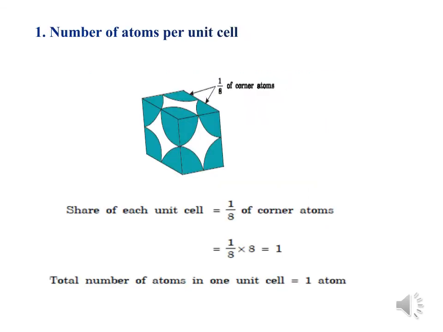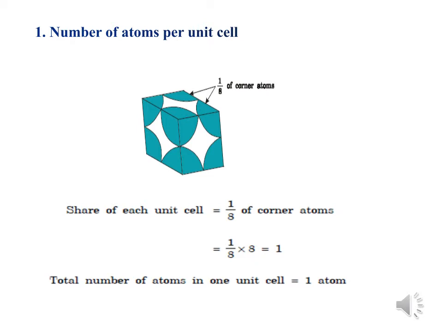Next, the characteristics of the unit cell for SCC. First one, the number of atoms present per unit cell. A simple cubic unit cell consists of 8 corner atoms. The figure shows that each and every corner atom is shared by 8 adjacent unit cells.